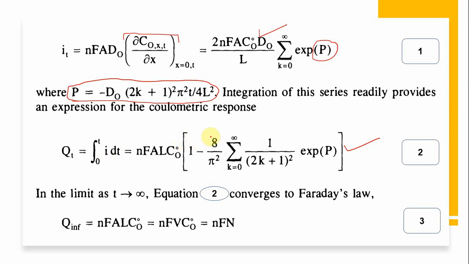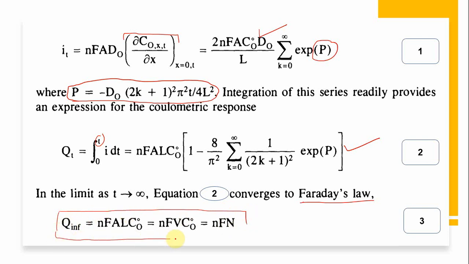So this is again the equation that we get over here. Now if we change this limit to infinity, then what we get is Faraday's law, and you can see that this is Faraday's law over here.